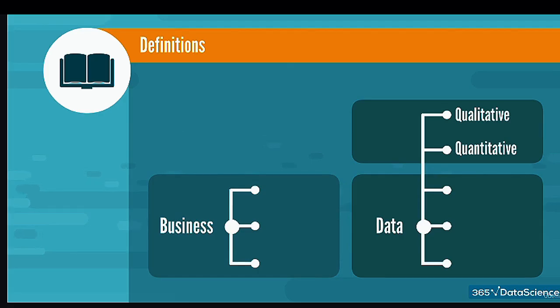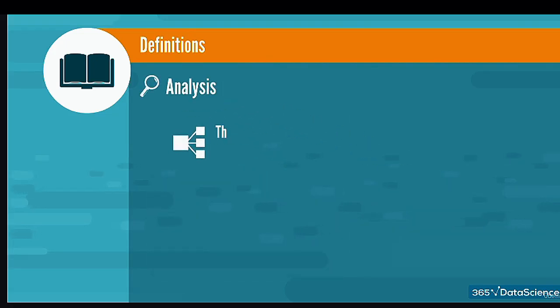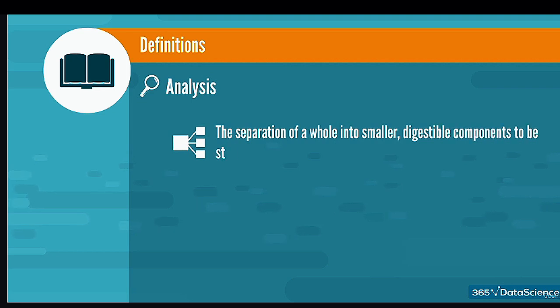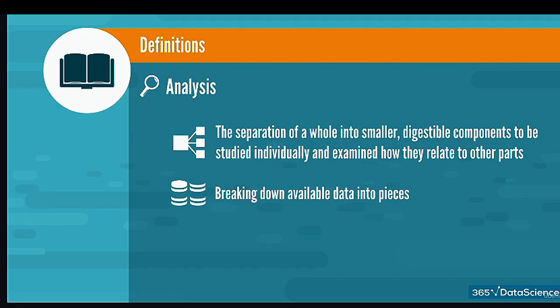Okay, good. Now, let's try to define two processes, analysis and analytics. Dictionaries define analysis as the separation of a whole into smaller, digestible components to be studied individually and examine how they relate to other parts. In a business context, this means breaking down available data into pieces, that is, into its making parts.